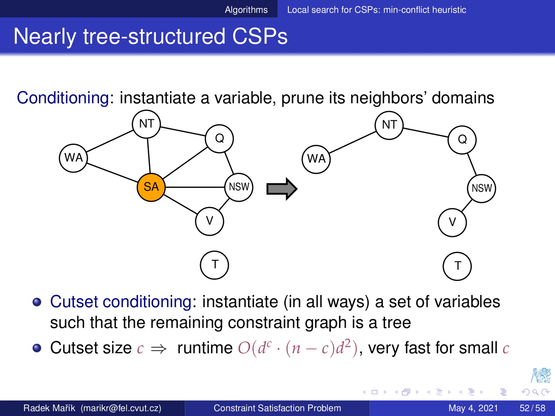So again, for small c, if you are able to select a minimum number of these variables, this is quite a good runtime.